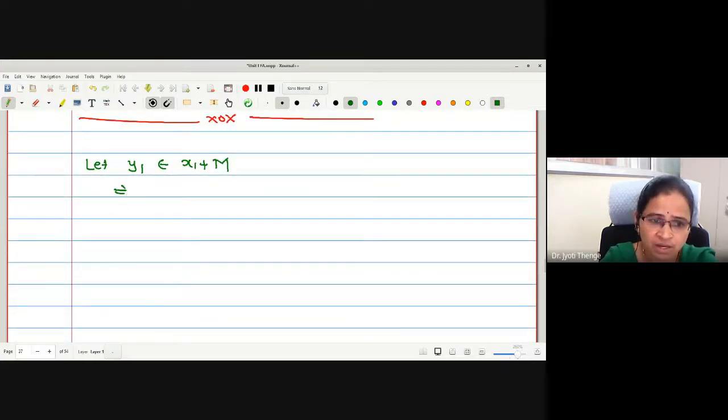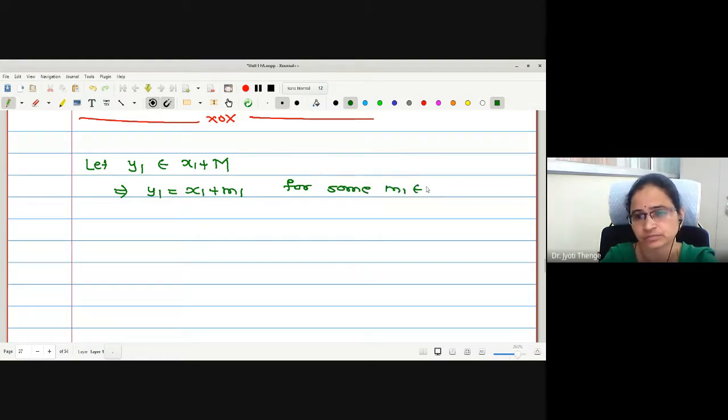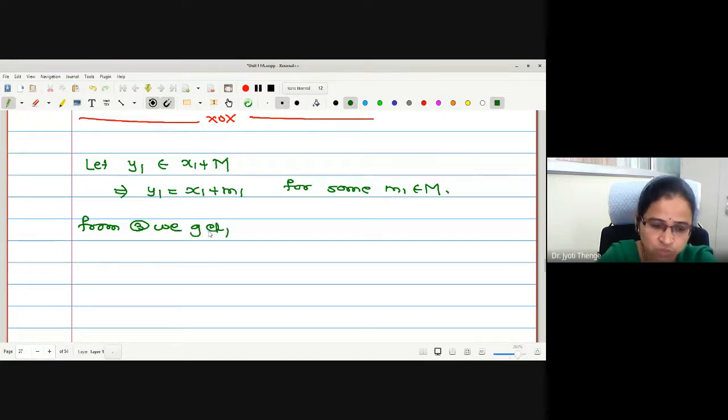Then the nature of element y1 is of the type x1 plus m1 for some m1 in M. Now let me use equation number 3. What is equation number 3?